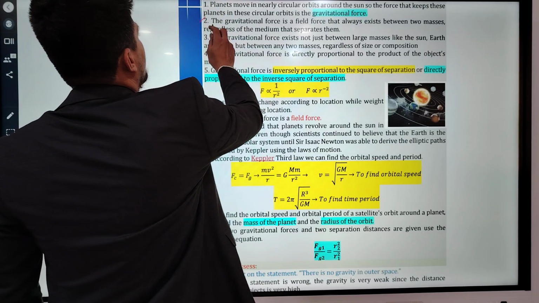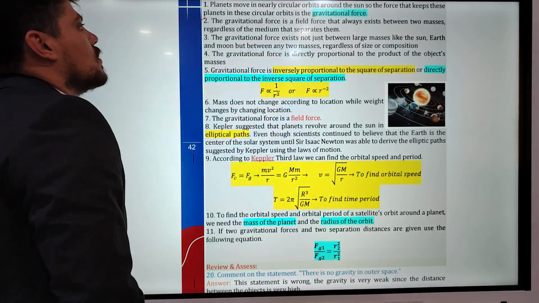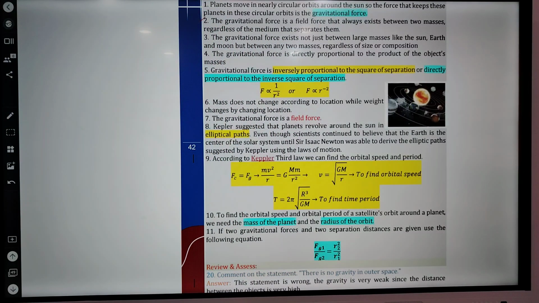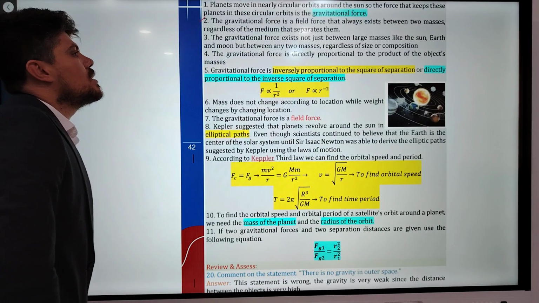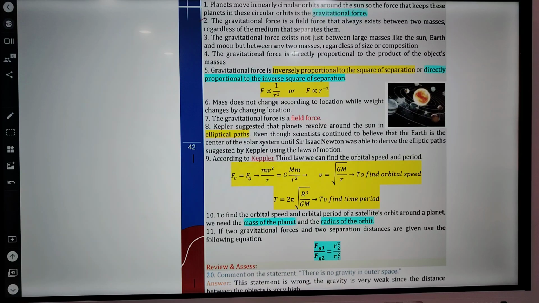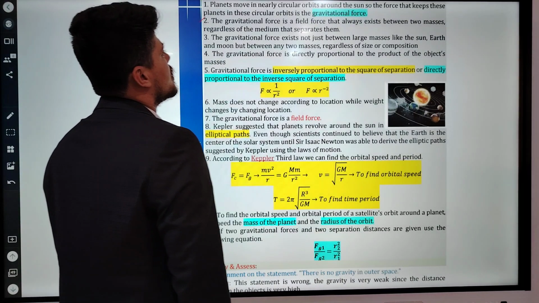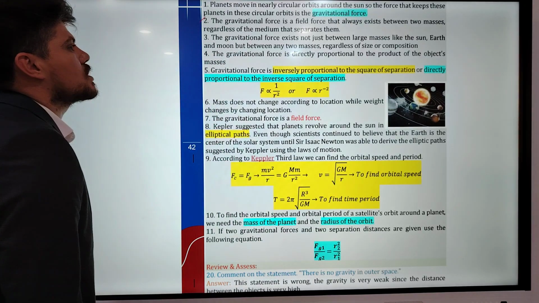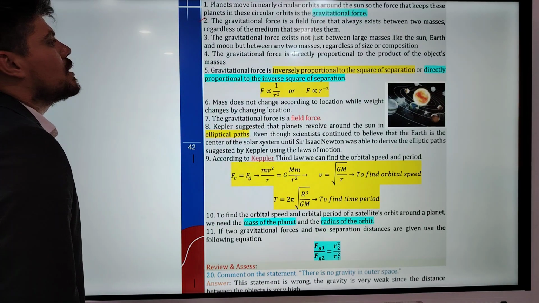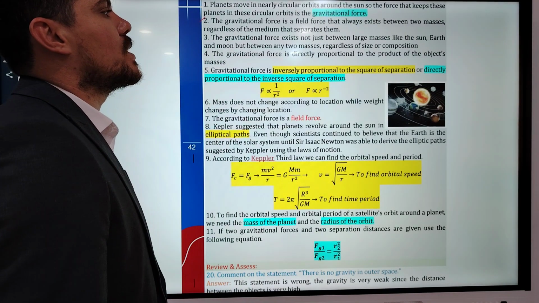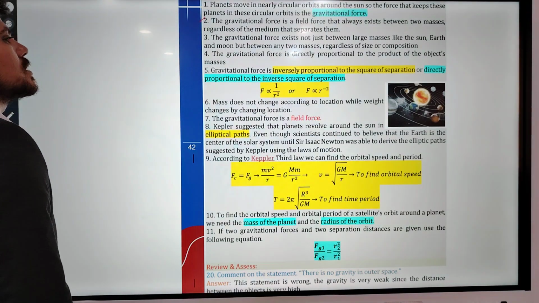Note number 2, the gravitational force is a field force, a non-contact force that always exists between what? Between two masses, regardless of the medium that separates them. The gravitational force exists not just between huge masses such as the Sun, Earth, and Moon, but between any two masses, regardless of size or composition.